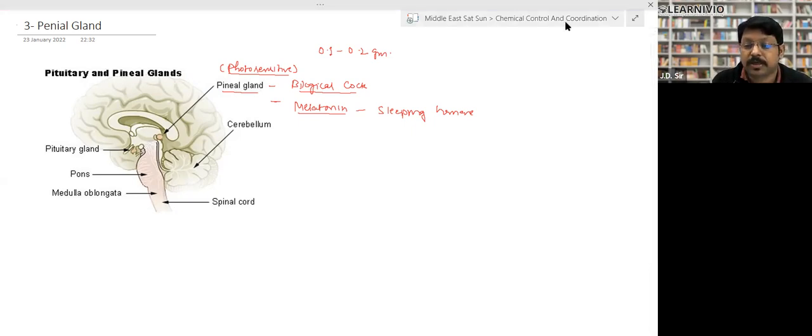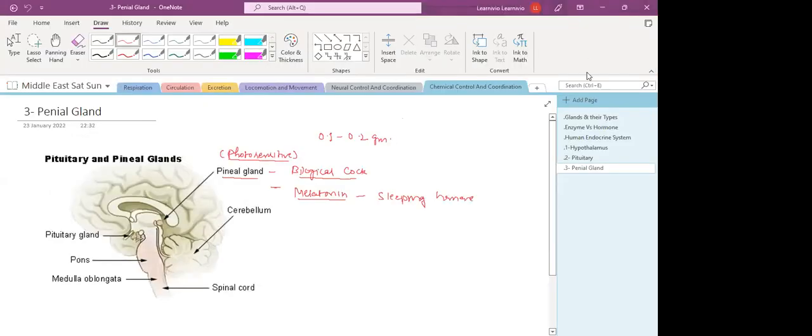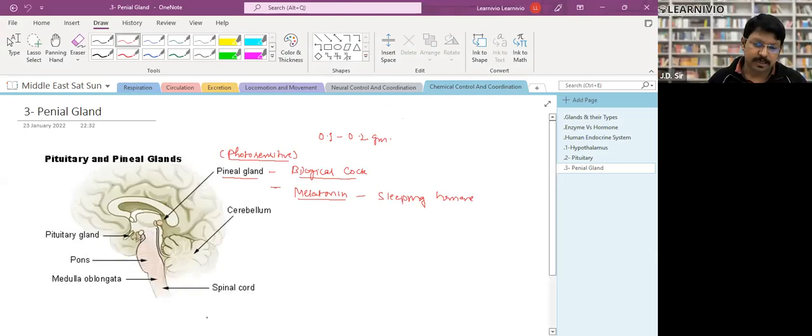Can you write this here? Circadian means sun cycle, actually, a time duration of 24 hours. Circadian rhythm, that is a 24-hour duration, right?